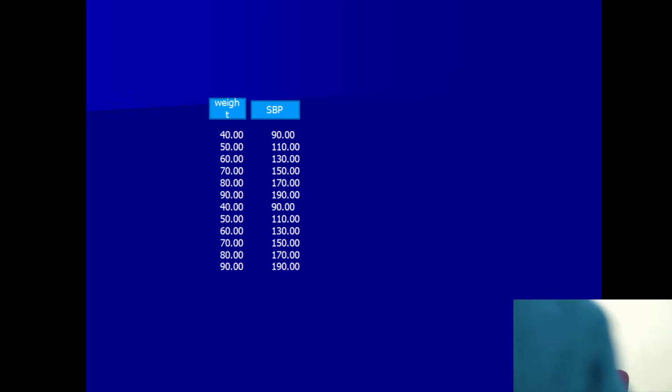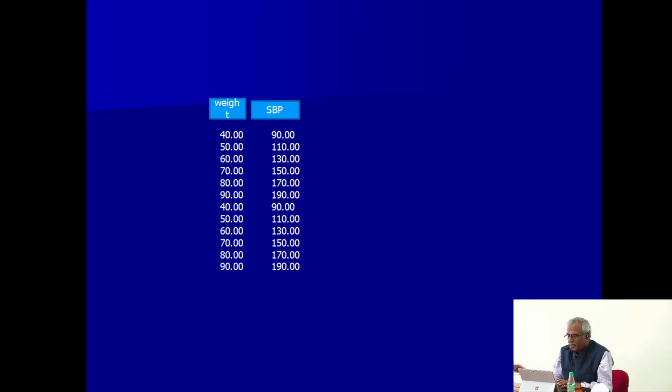So you have calculated by pen and pencil. Let us see whether SPSS does this. It does it, and it does it in the regression also. You can do it otherwise also.